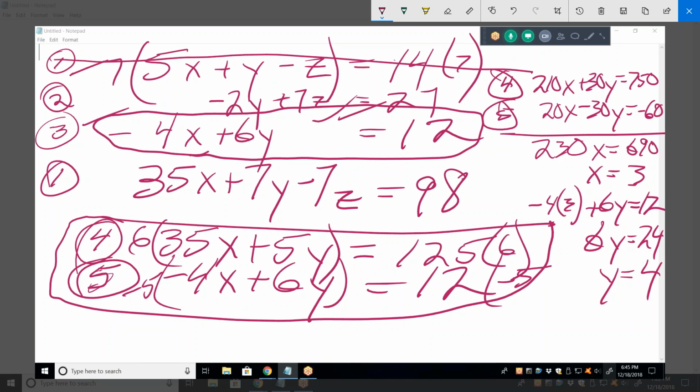I'm going to take the original number 2, which says minus 2y plus 7z equals 27. So use that one to solve for z. Okay, so that's minus 8 plus 7z equals 27.